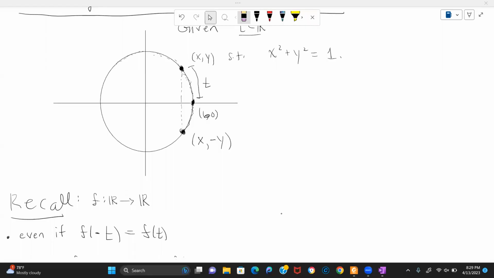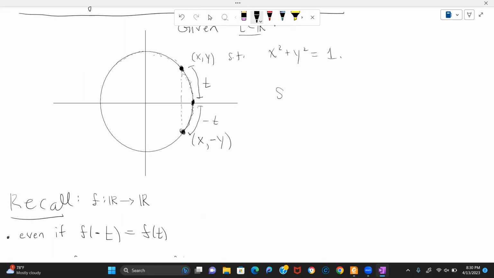All right, so I want to erase this here. So this distance right here corresponds to traveling negative t. So t means you go counterclockwise and negative t means you go clockwise.